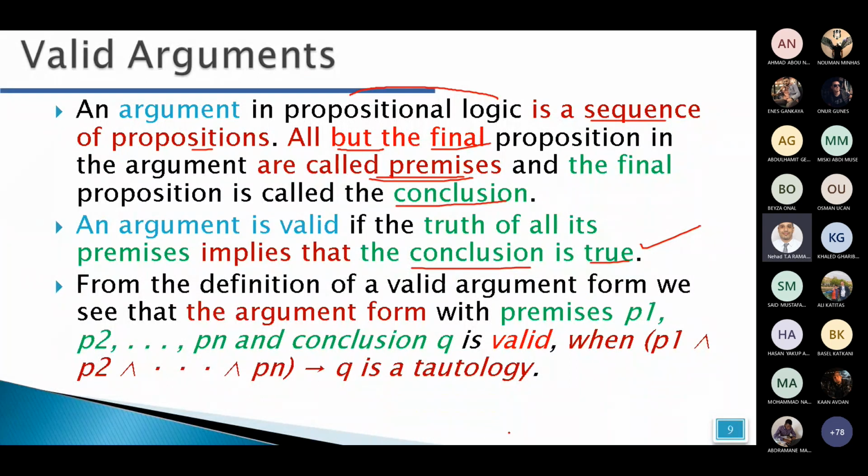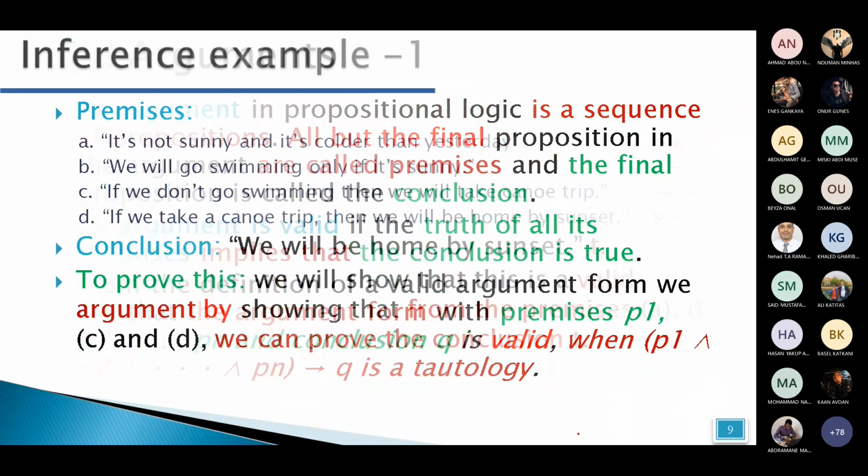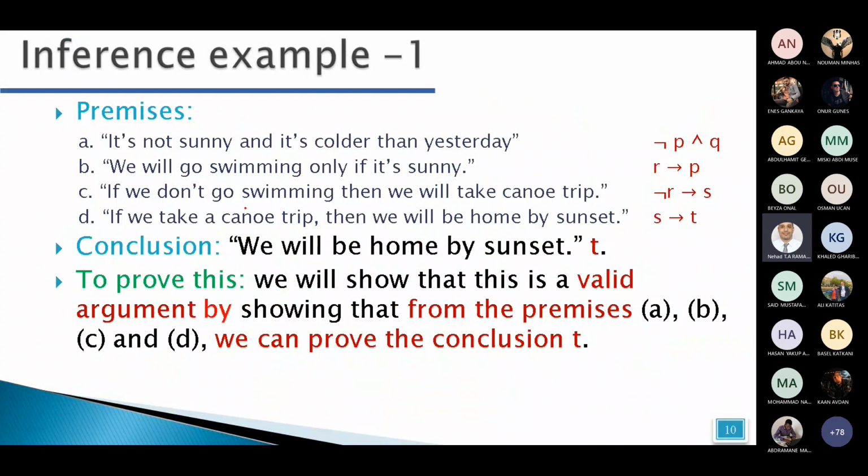I will give examples. Okay, first example. We have these premises and this is the conclusion. We can prove that this argument, containing premises and a conclusion, is valid. How do we prove it?